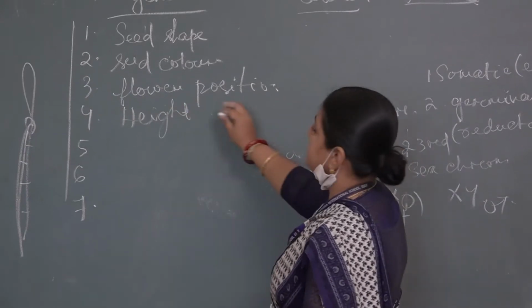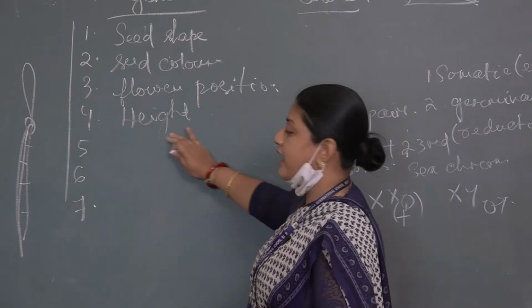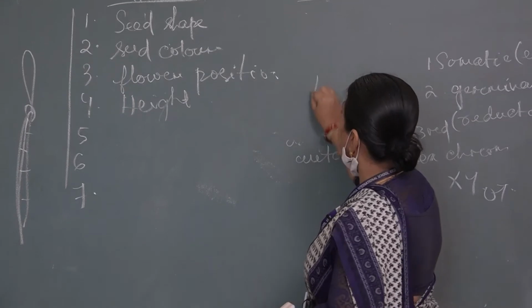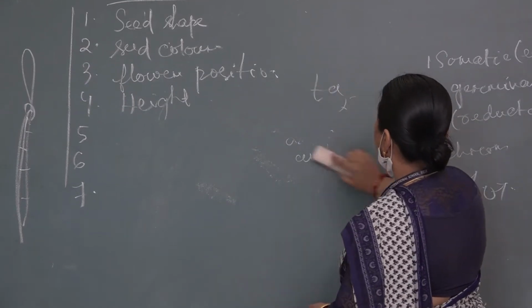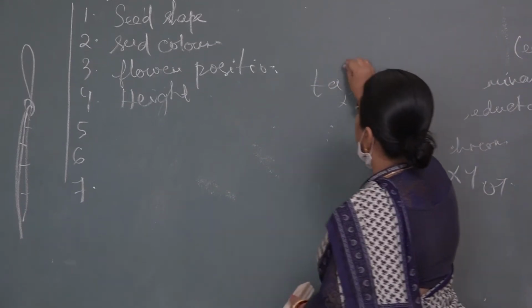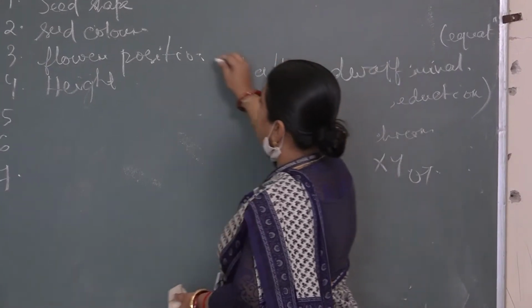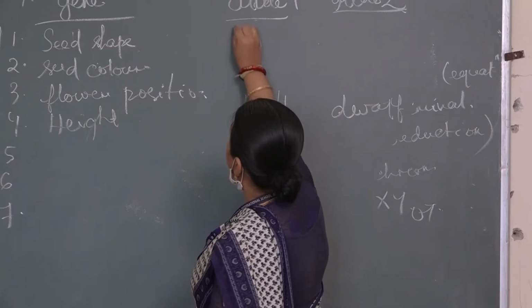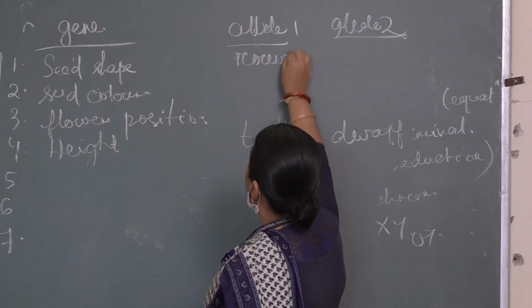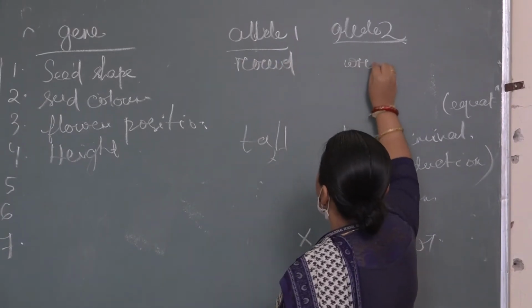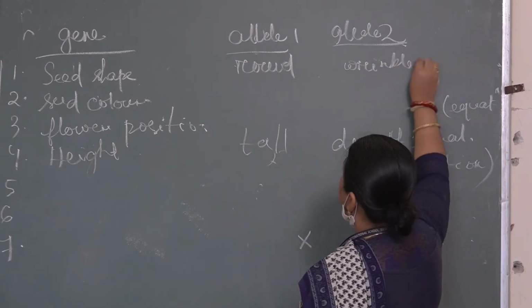If you consider the height of the plant, it can be tall or it can be dwarf. So these are the 2 alleles. Seed shape can be round or wrinkled.